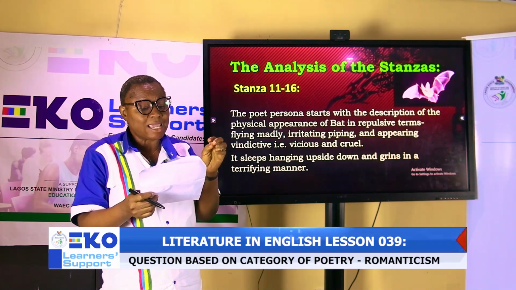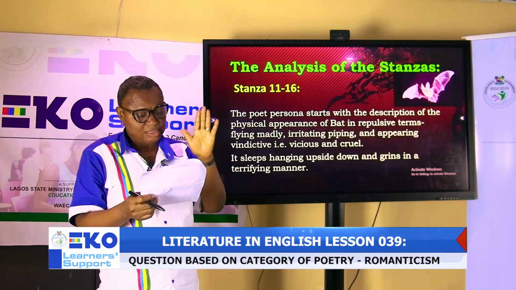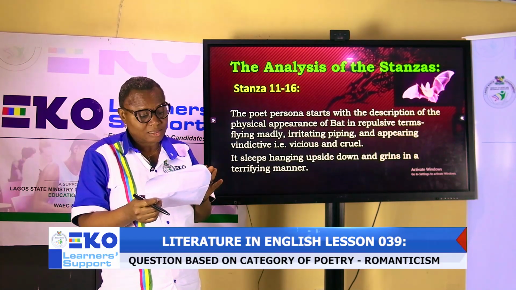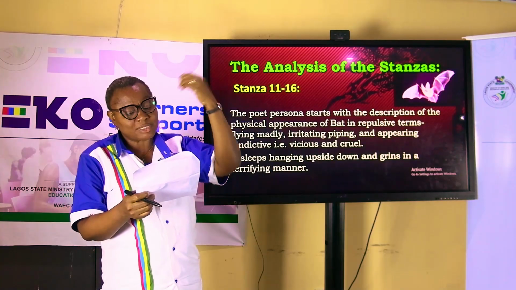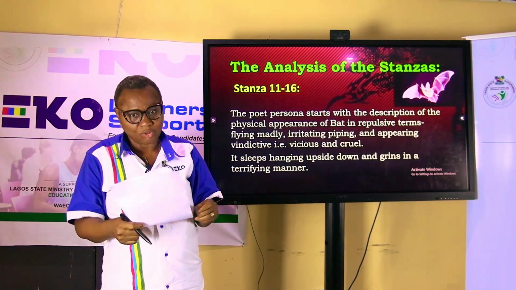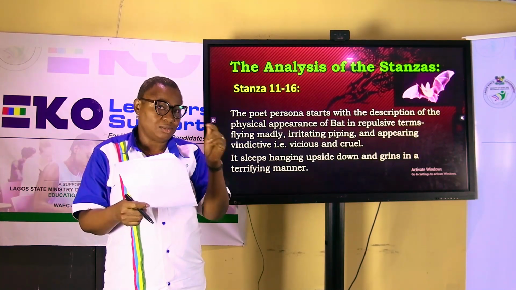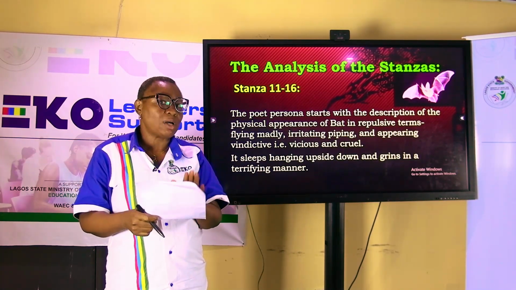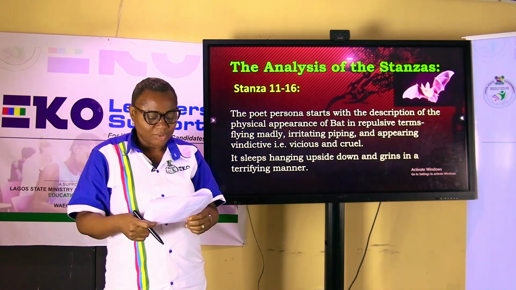And wings like the ribs of an umbrella, you can see the way he's actually describing bats in a very irritating manner. Creatures that hang upside down like an old rag. So wherever it is perched, it does not stand on the tree like a normal animal, but it actually hangs upside down.